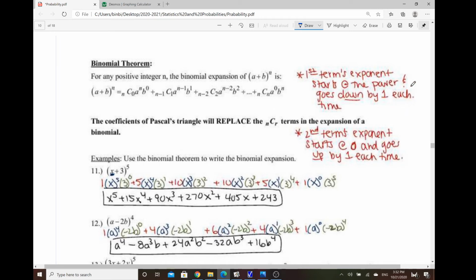So the first term's exponent starts at n, and the power goes down by 1 each time. And then the second variable's exponent starts at 0, and it goes up by 1 each time.